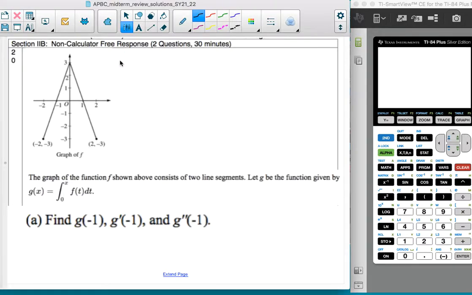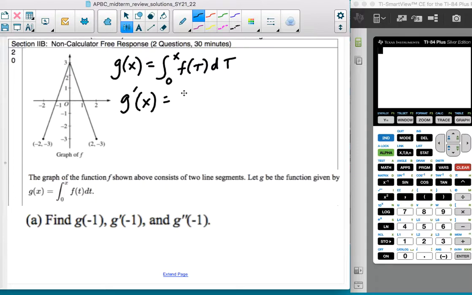So g of x is the integral from 0 to x of f of t dt, which means that g prime of x is the derivative of that integral, so it's just going to be f of x, and g double prime of x is equal to f prime of x.